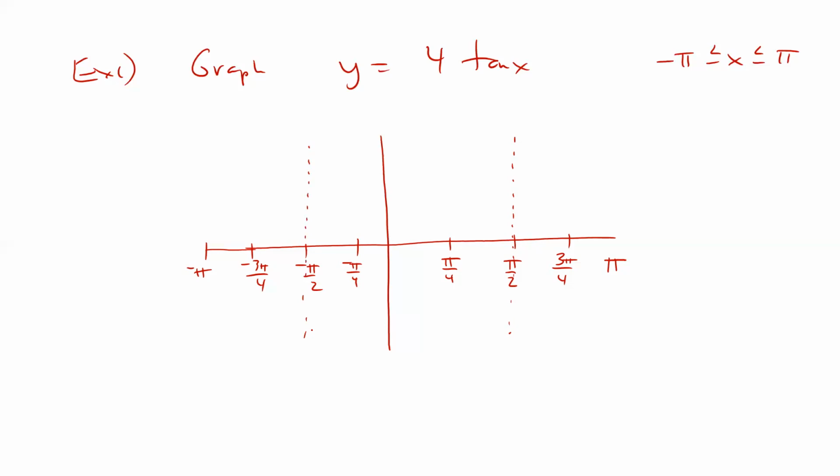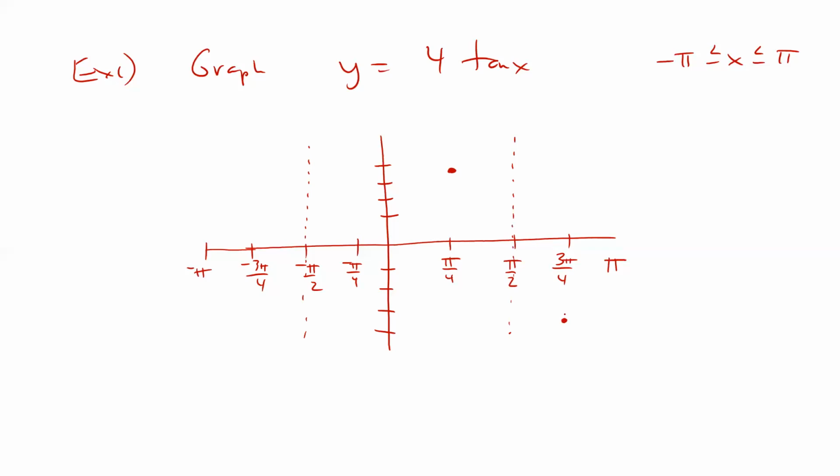And I think we need to scale this here. So at pi over 4, instead of hitting 1, now it's going to hit 4, so we're up here now. And instead of hitting -1, now we're going to hit -4 down here.